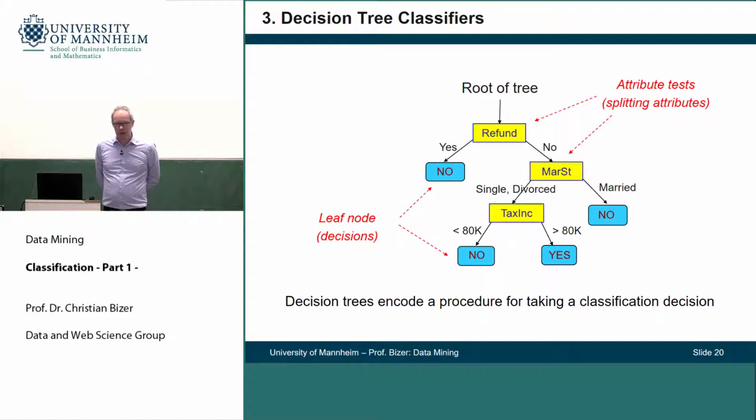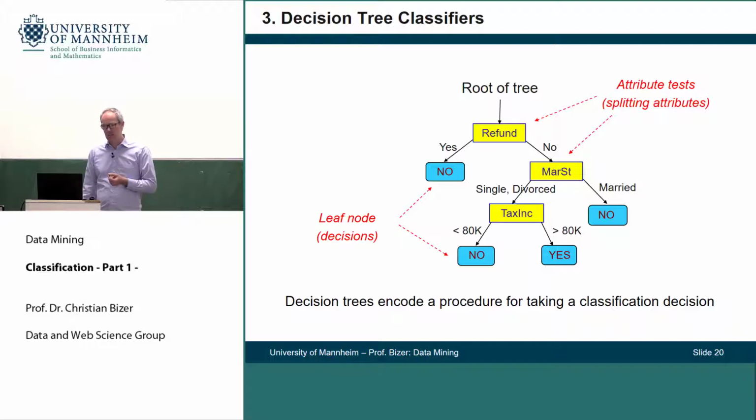So what is a decision tree? Basically, a decision tree encodes a decision into a sequence of single attribute splits, single attribute tests. So for instance, in this decision tree, we first look at the refund attribute.